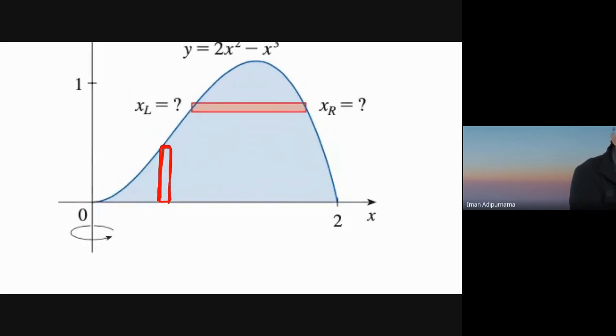So we need to identify the radius. So this will be our radius, right? So let's say this is our r, and this will be x, right?